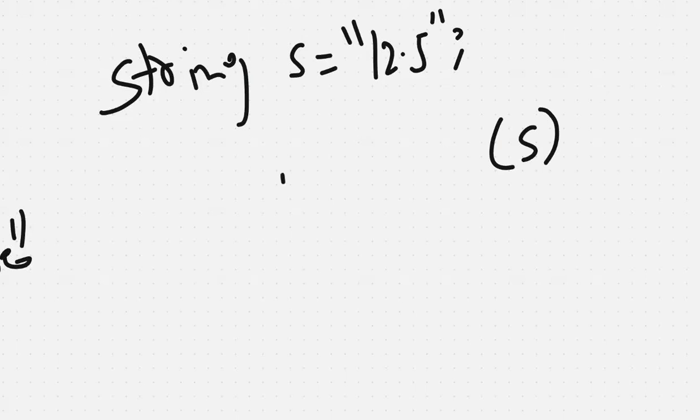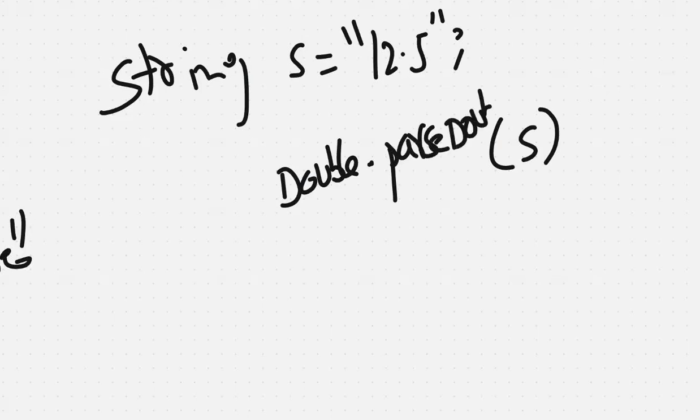Double.parseDouble. Double d equal to Double.parseDouble of s. Okay, right. Like this.